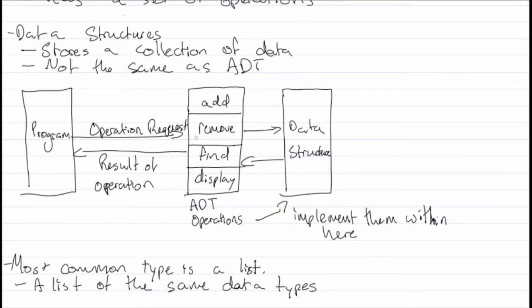Say I want to add a value to my data structure. So here, I've called on add, it does it, and right back through here, it returns the result of the operation. This is usually your interface right here that outlines the different methods or functions that can be done on the data structure.